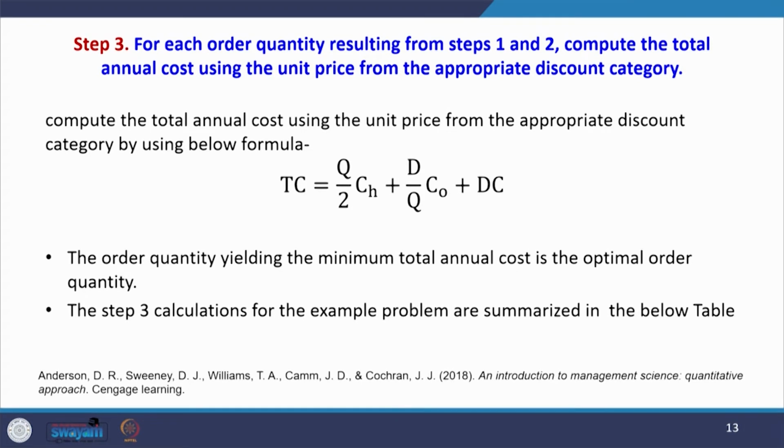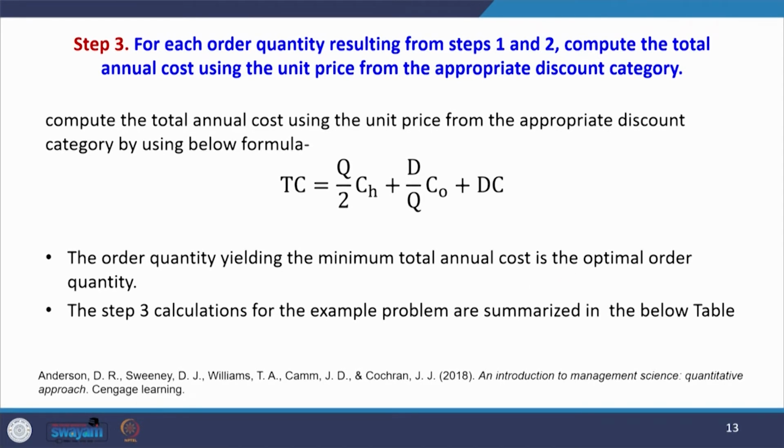So, what we need to do? Compute the total annual cost using this formula: annual holding cost plus annual ordering cost plus annual purchasing cost. The order quantity yielding the minimum total annual cost is the optimal order quantity.